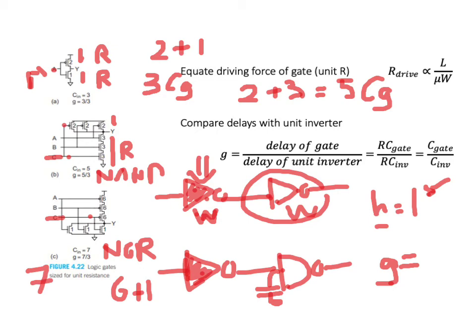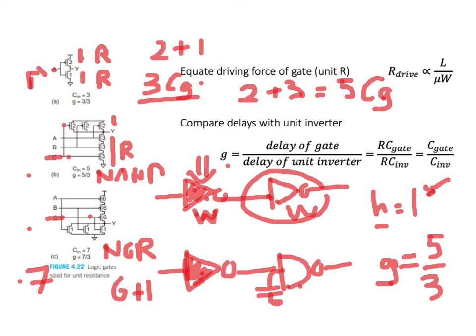And just like the parasitic or intrinsic delay, here we use a unitless parameter. We compare the effective gate capacitance of a different logic gate to the gate capacitance of the unit inverter. So the logical effort of driving a NAND gate is 5/3, because you are taking 5 units of gate capacitance compared to 3 units of gate capacitance of the unit inverter.